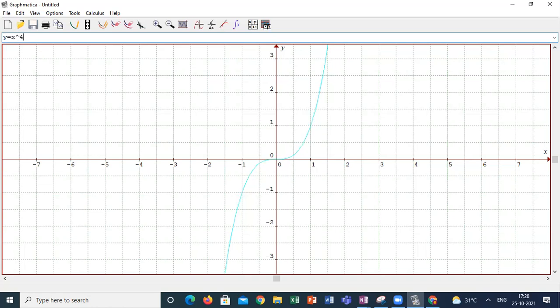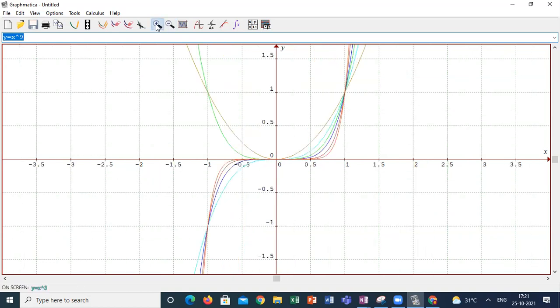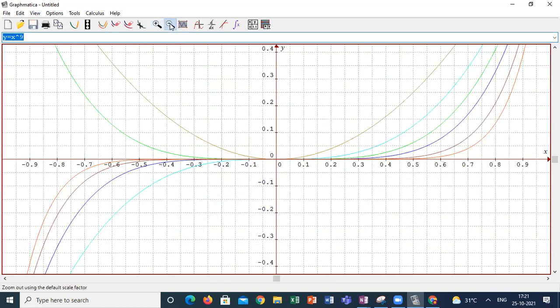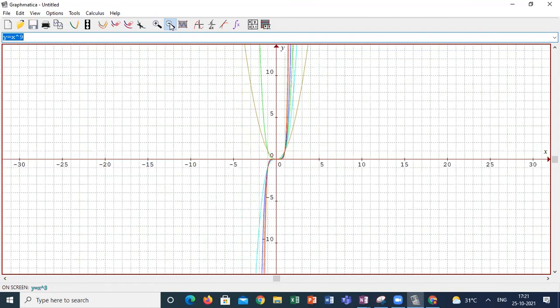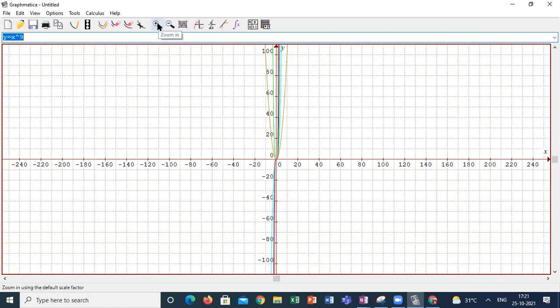If I am taking y is equal to x power 4, this is the graph. If I am taking y is equal to x square, this is the graph. x power 5, x power 7, x power 9. See these graphs, even if I am zooming out, everywhere the value is approaching a single value and there is no break here.